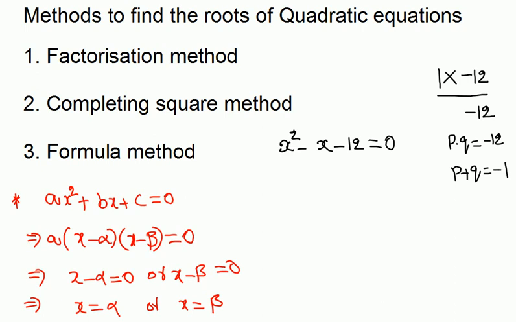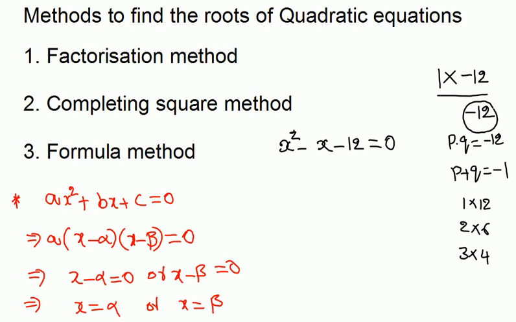So these numbers are nothing but the factors of 12. If you write all the factors of 12, so that is 1 into 12, next 2 into 6, next 3 into 4, and 4 into 3, 6 into 2, and 12 into 1. So I wrote all the factors of 12. Here the product is negative, 1 into minus 12, that is negative.